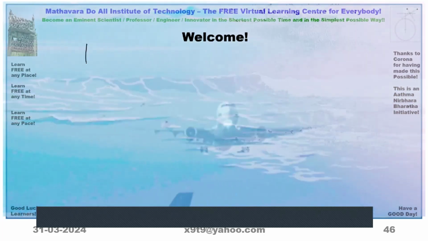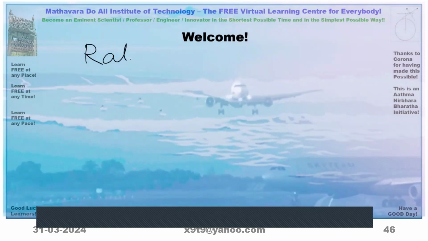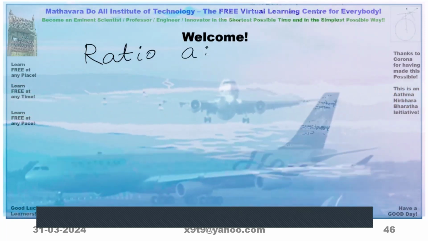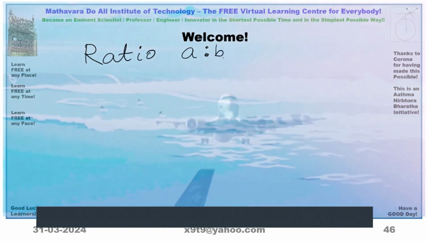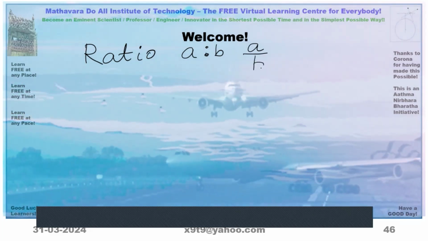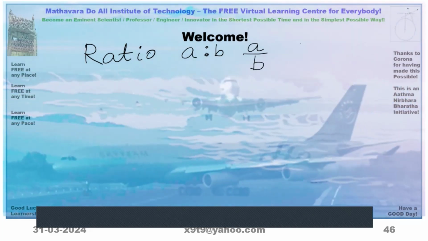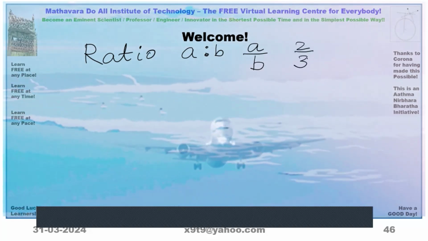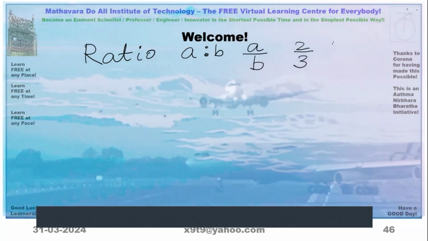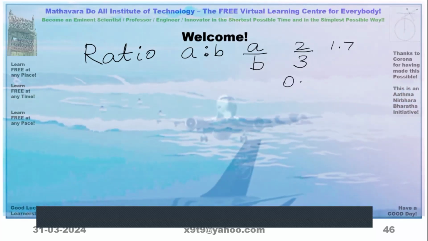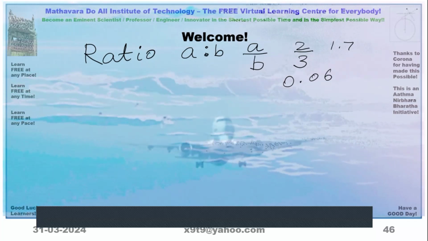So that means now we will know what is a ratio. We will write A to B. We can write a number like 2 by 3, or we can write like 1.7, or 0.06.